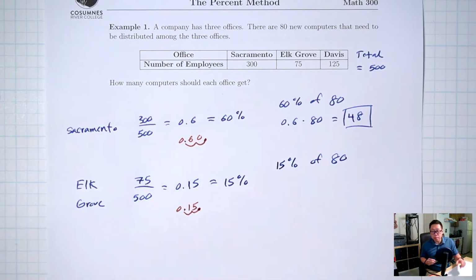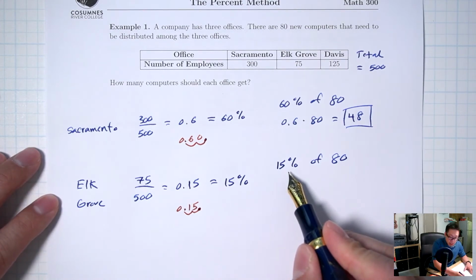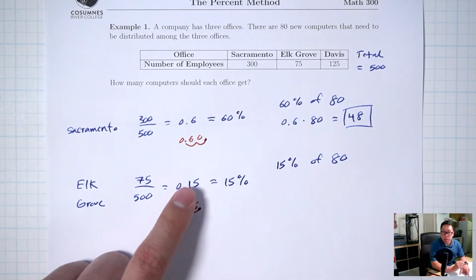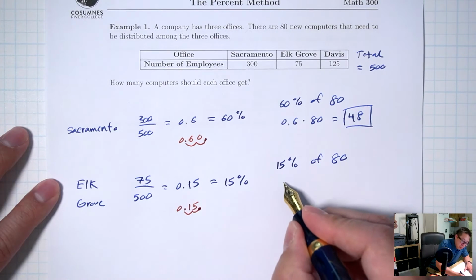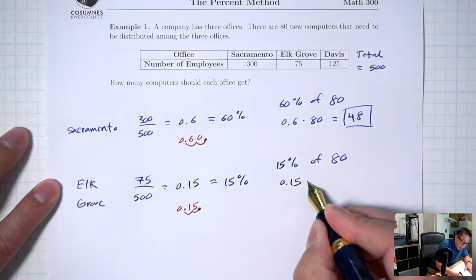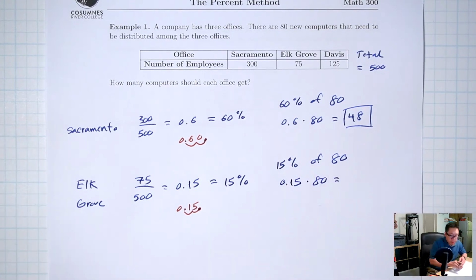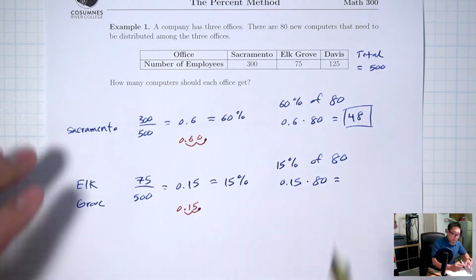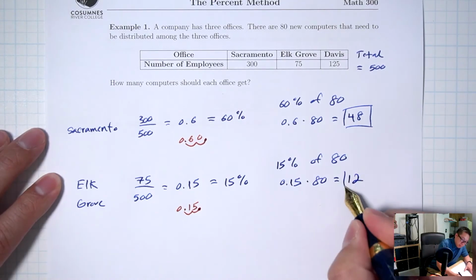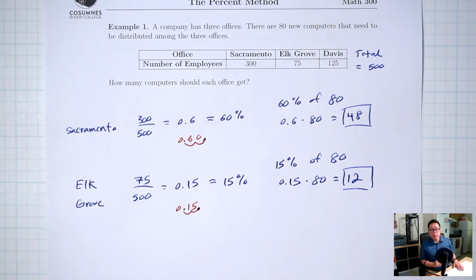15% times 80. Once again, convert it back to a decimal. 15% as a decimal. It's just going to be the 0.15 that we got at the beginning. Times 80. Okay, 0.15 times 80 is 12. And then same thing for Davis.